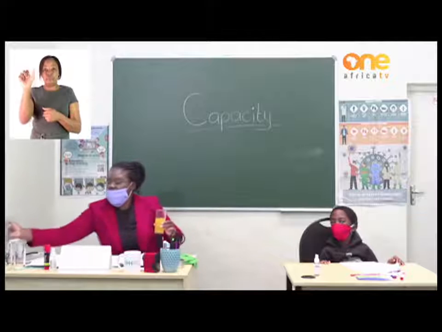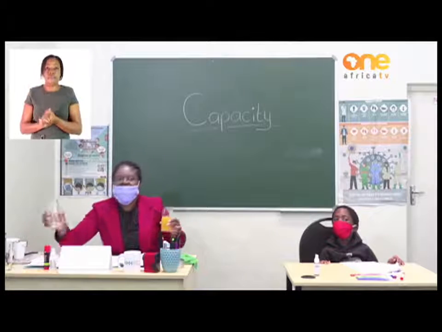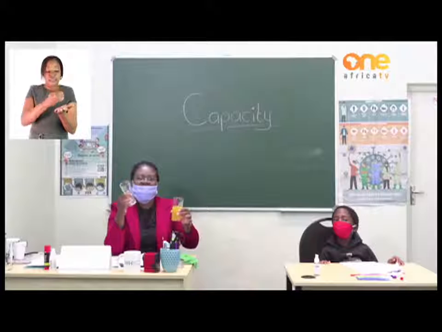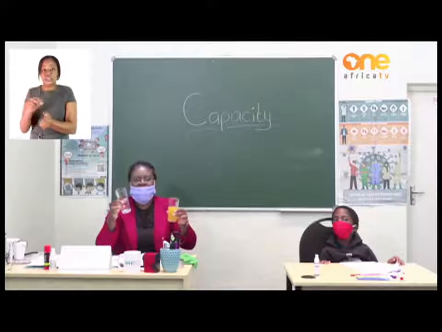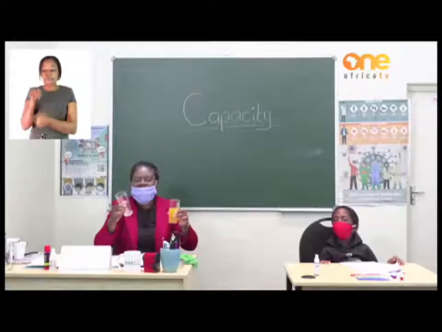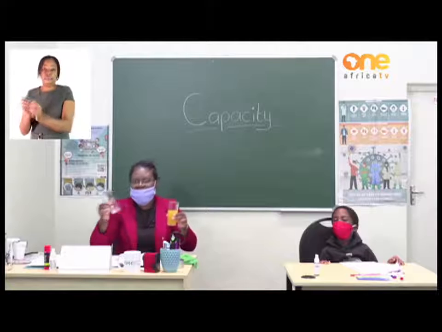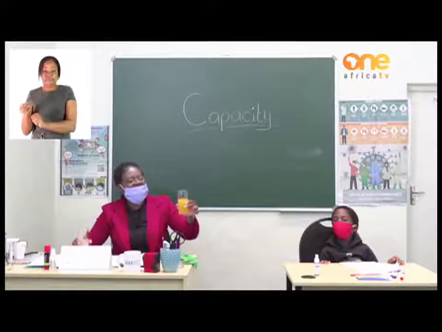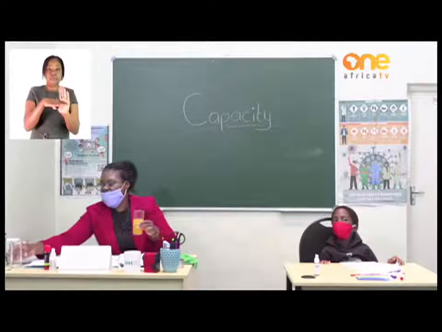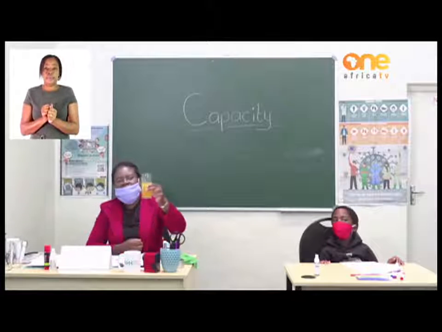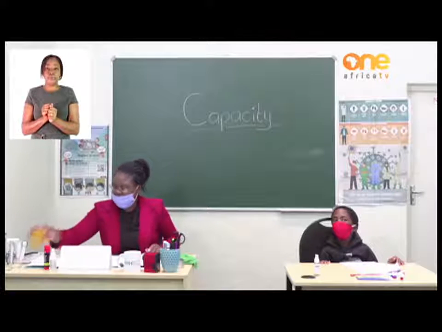So if I compare this glass and this glass, there is nothing in this glass. That is what we say empty. The glass is empty. It's not holding anything. There's nothing in it. But that glass is half. And if I fill it up to the brim, then that is what we call full.